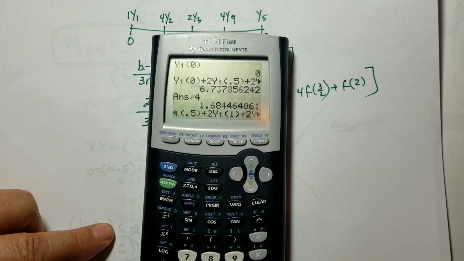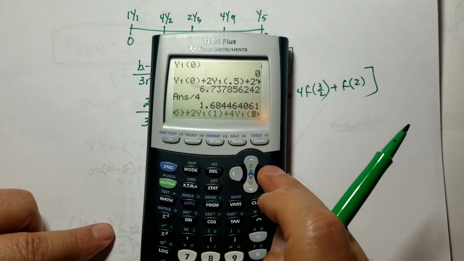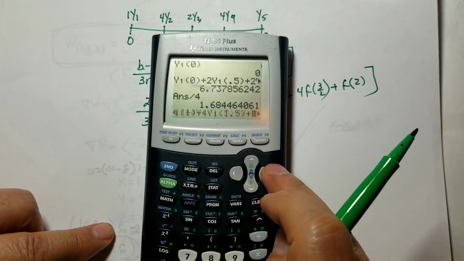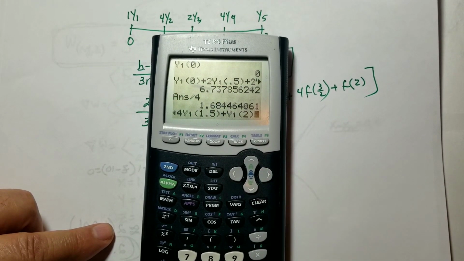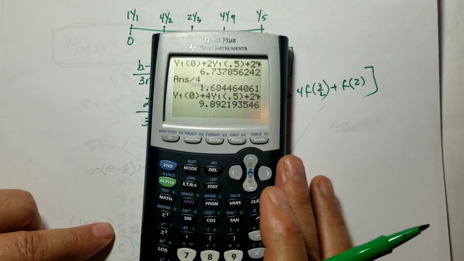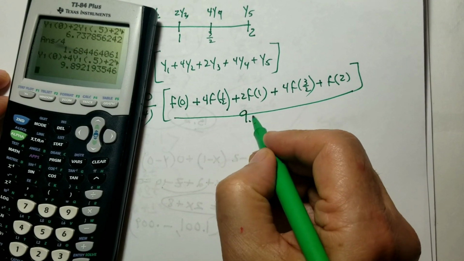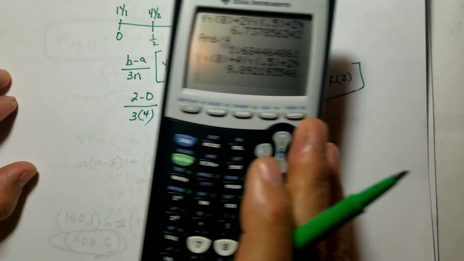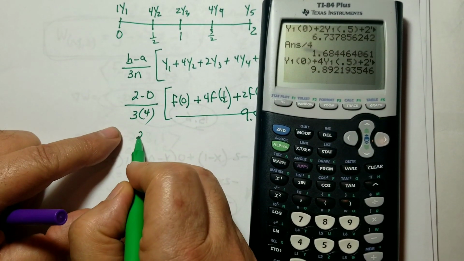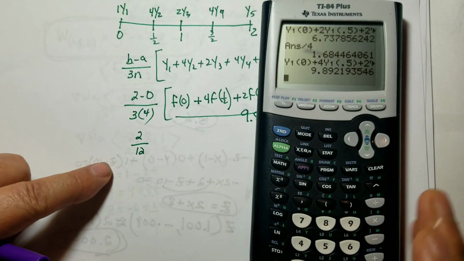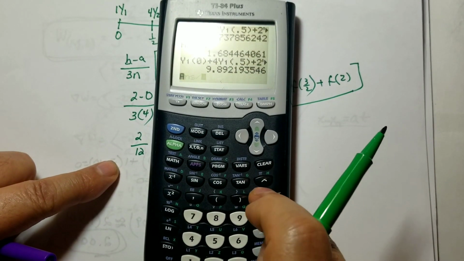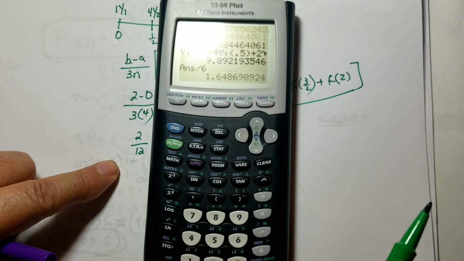I'm changing some of the 2 to a 4, and I think the last one is 1y5. Pretty good. Done. All of these inside here is 9.89, but you gotta divide it by 2 over 12, which is by 6. Let's divide it by 6.